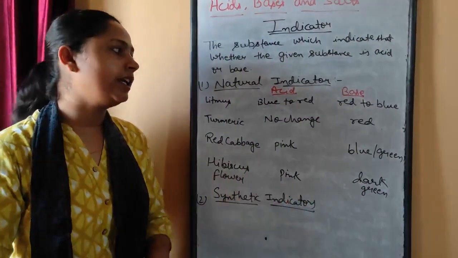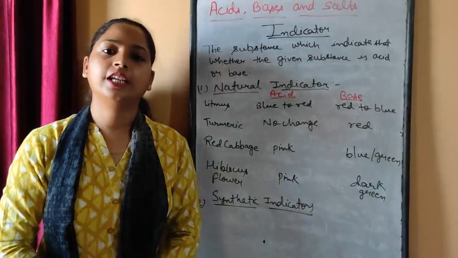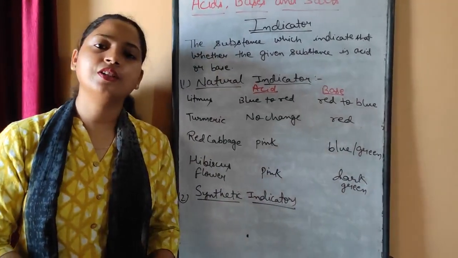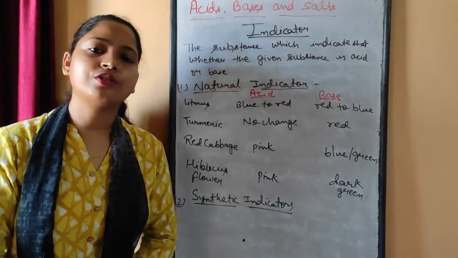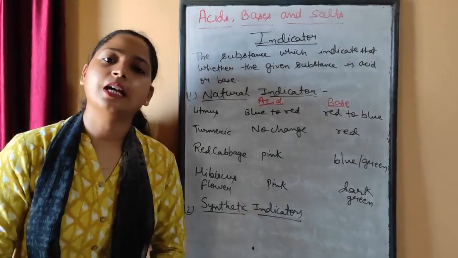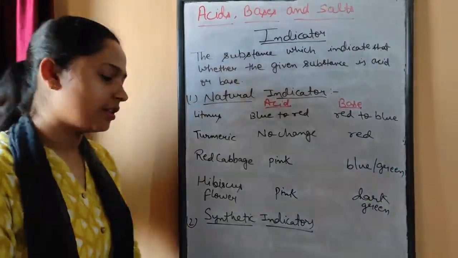So man-made indicators are called synthetic indicators. There are many man-made indicators which we use in our laboratory for various tests of acids and bases. Now I am giving some examples of the synthetic indicators.